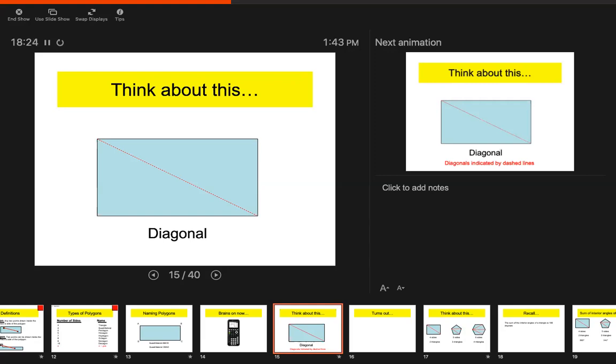In math, we call that a diagonal. A diagonal is what connects any vertex of a polygon to any non-adjacent vertex.